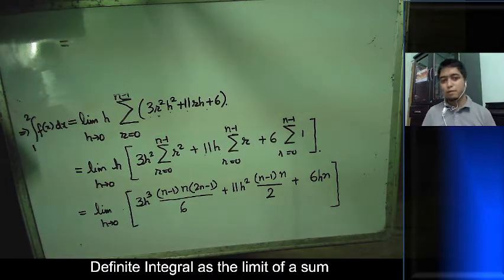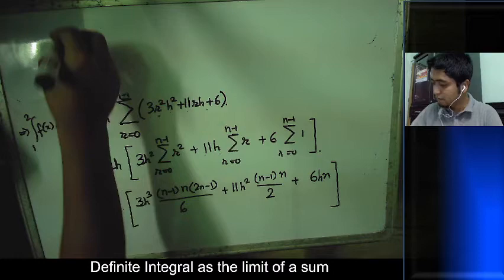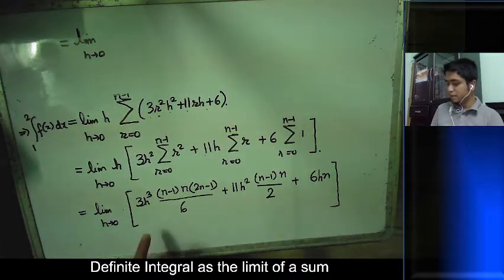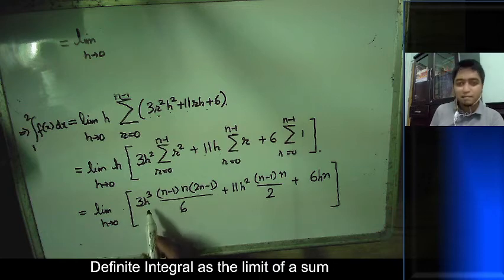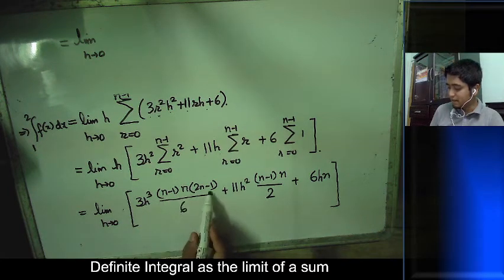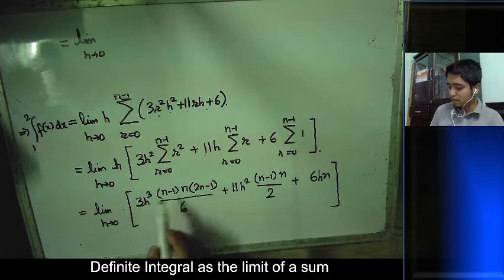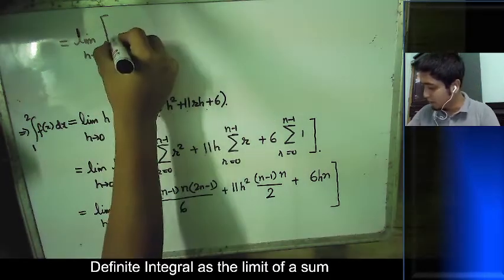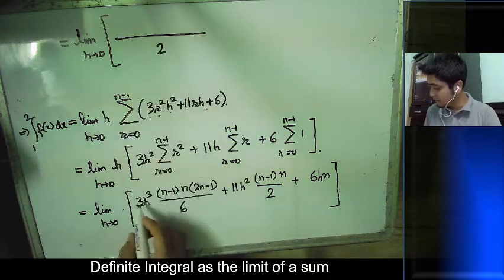So now what will we do? Now we can calculate the limit. But before that, we need to do one step. Over here you notice that there are 3 h's and 3 n's. One h you will multiply over here. 3 by 6 will give you 1 by 2, so we can cancel.